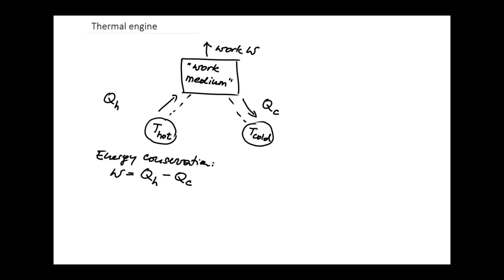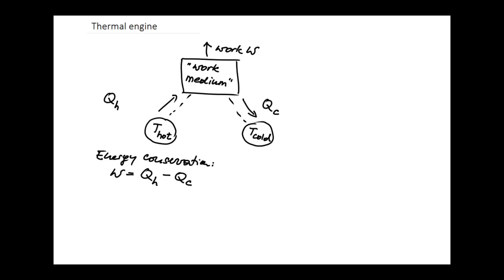Both the hot and the cold reservoir are in equilibrium at all times. When heat flows from the hot reservoir to the work medium, the internal energy of the hot reservoir is decreased by this Q hot.